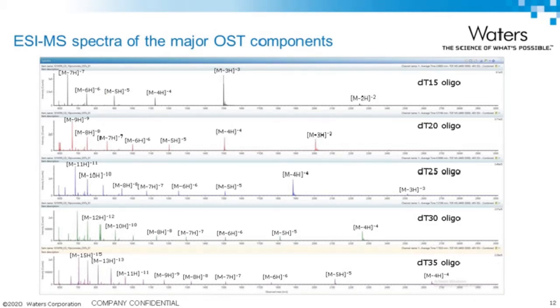This is typical for ion pair reverse phase chromatography analysis of oligonucleotides. These spectra provide a wide range of charge states over a wide m/z range. In this way, we can achieve very good deconvolution to provide accurate intact mass analysis for all these components.